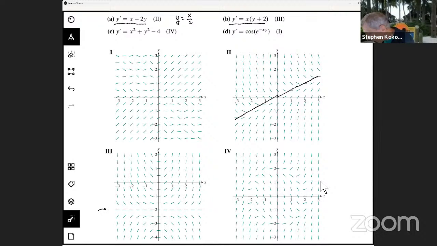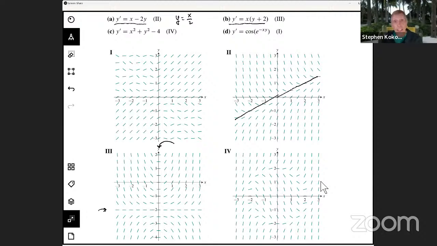Right here, where y is equal to minus 2, I have those line segments with slope 0, as expected in that differential equation. And right there along the y-axis where x is equal to 0, if you can see those little green line segments, they have slope 0 also. That's pretty cool.